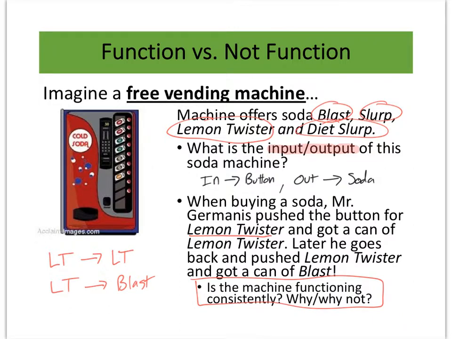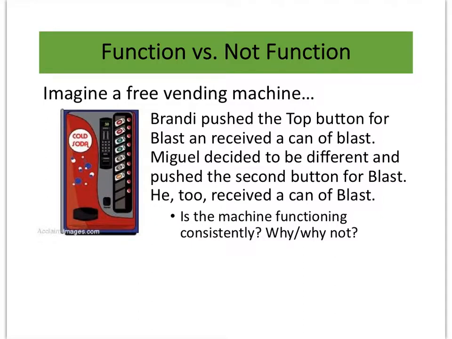Is it functioning consistently? Okay, we've got a couple of examples. Brandy pushed the top button for Blast and received a can of Blast. Miguel decided to be different and he pushed the second button for Blast. He too received a can of Blast.